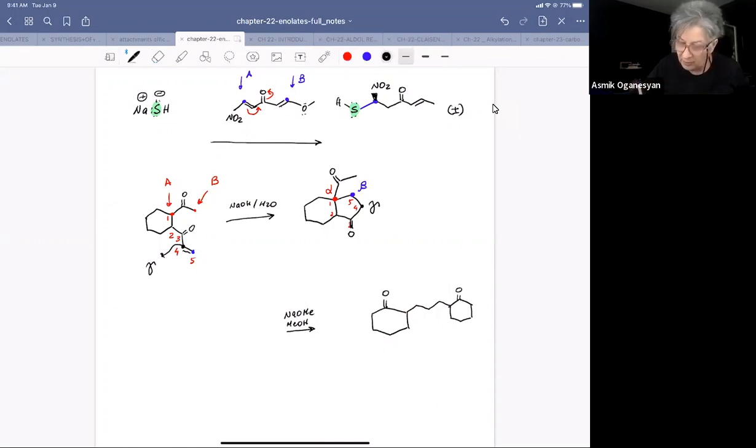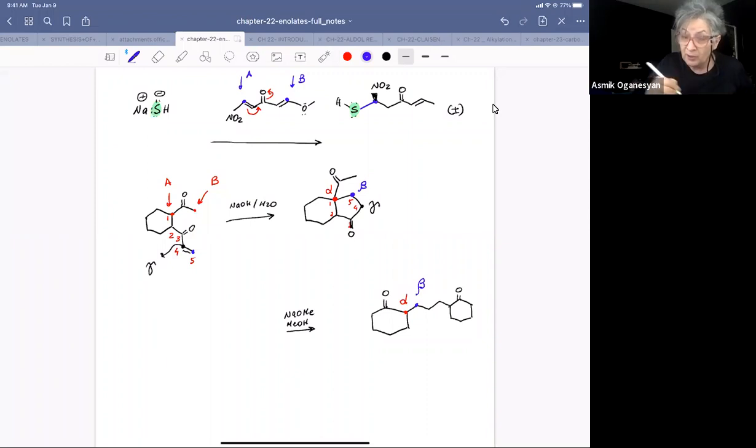Kind of a symmetrical molecule, but that's fine. So alpha position. Right next to it should be beta position, which in all of our examples did carry an sp2 hybridized carbon.